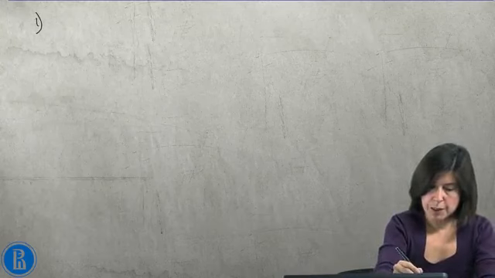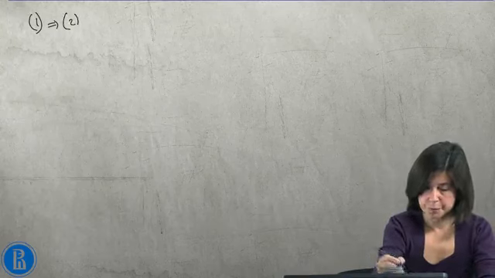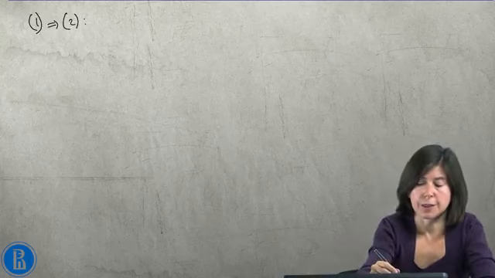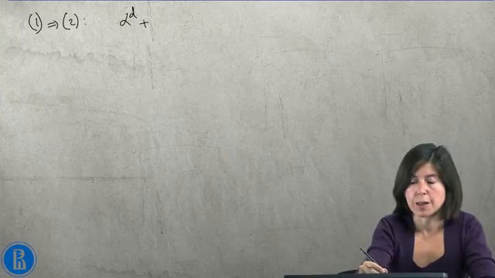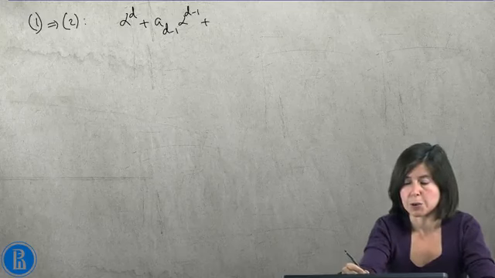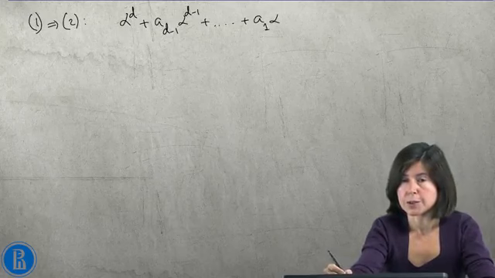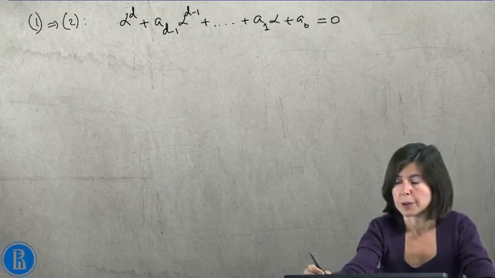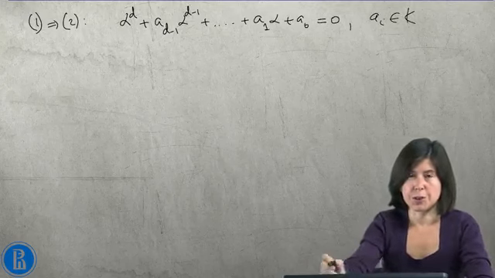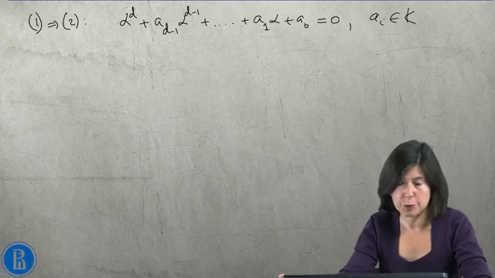Let me prove that 1 implies 2. If alpha is algebraic, then I can write alpha to the power of d plus a_{d-1} alpha to the power of d minus 1 plus, and so on, plus a_1 alpha plus a_0 is equal to 0, where a_i are elements of K. This is just P of alpha, where P is a minimal polynomial.